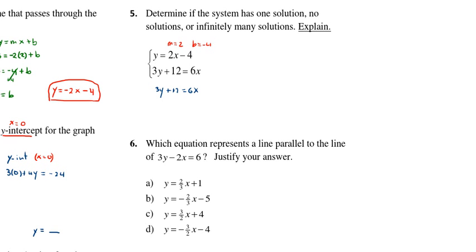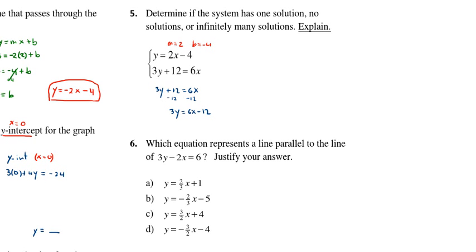To solve for y, first we need to subtract 12. And this would give us 3y is equal to 6x minus 12, because these two terms here, they cannot be combined. They are not like terms, so we just have that.